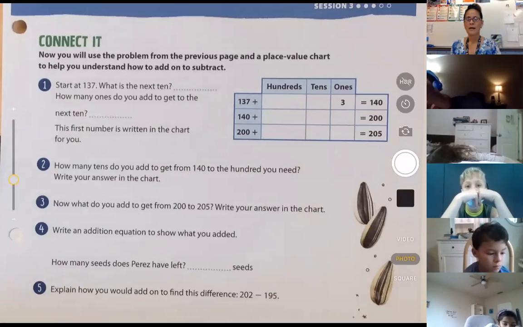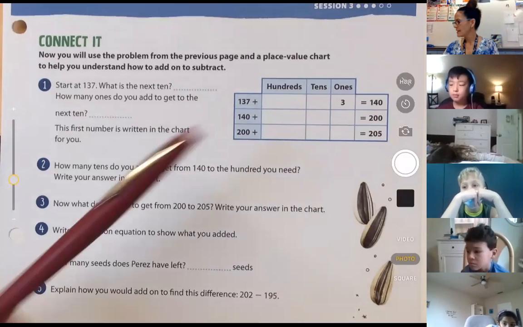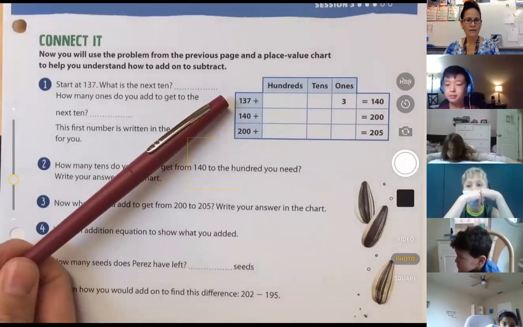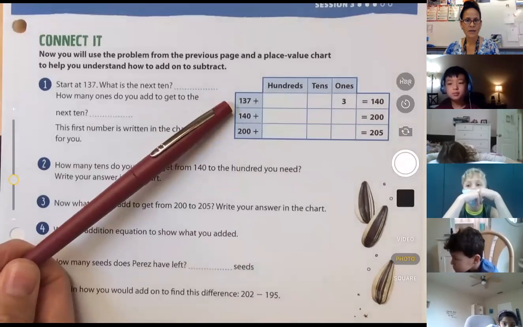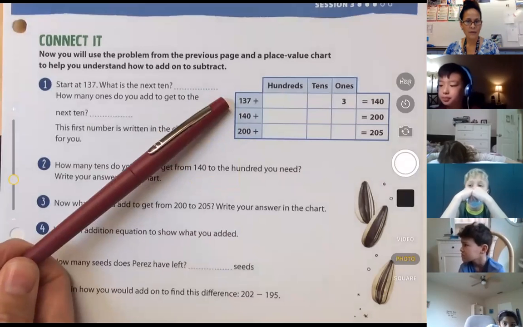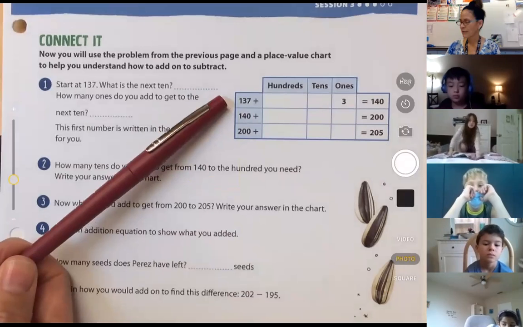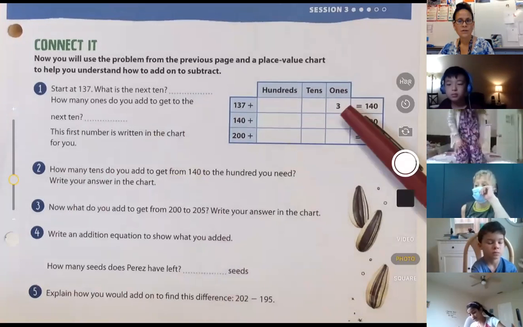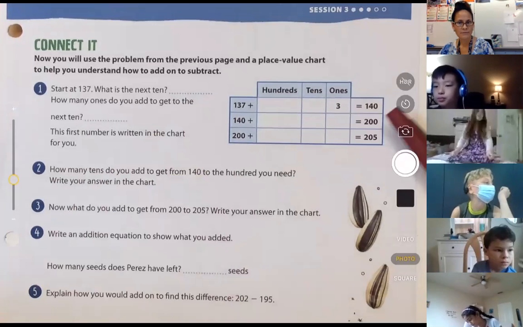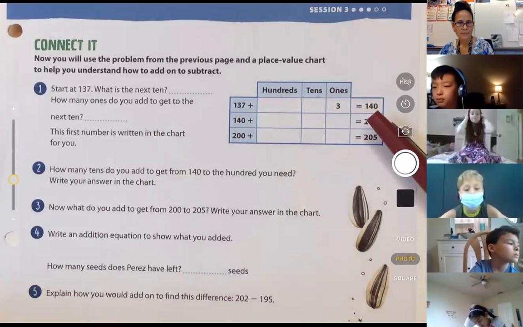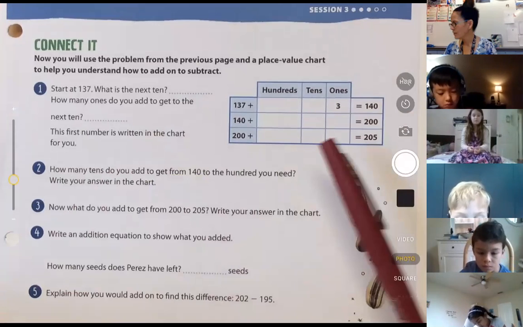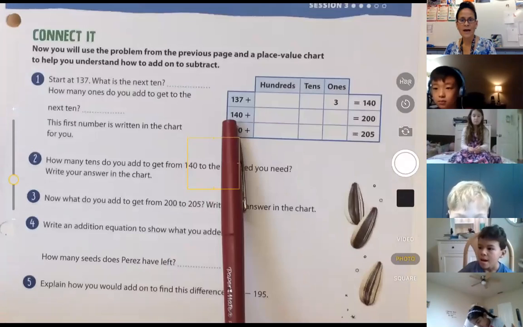Okay, so you can see on this place value chart that it's, again, starting at 137. We are adding 3 to get to 140. We start with 140 on the next line, but now we need to get to 200.